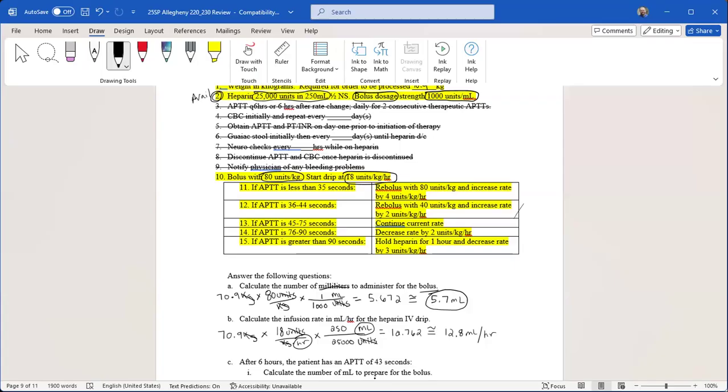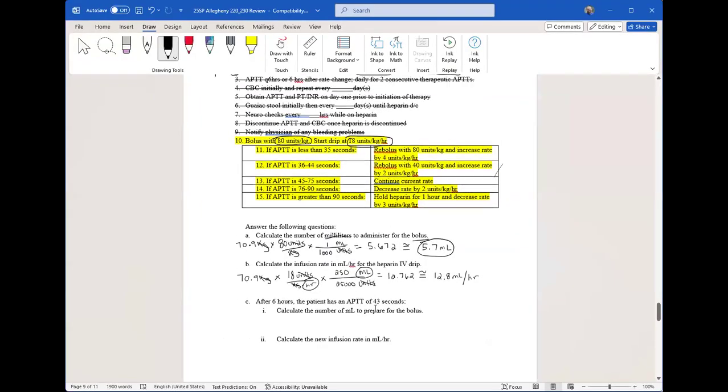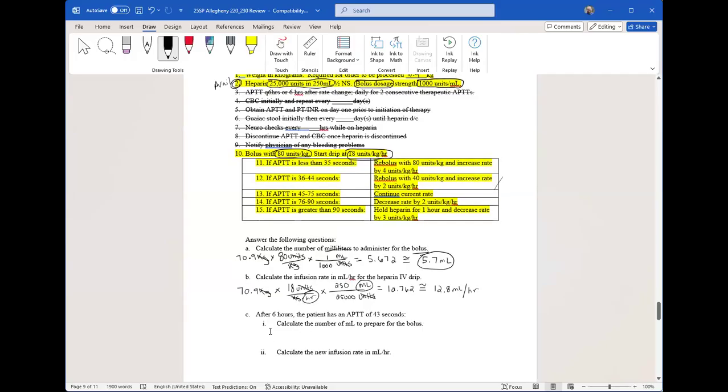Now, if for some reason they give you the additional thing, I'm going to scroll down again. And it gives us some additional information here. It says after 6 hours, we have an APTT of 43 seconds. Okay.